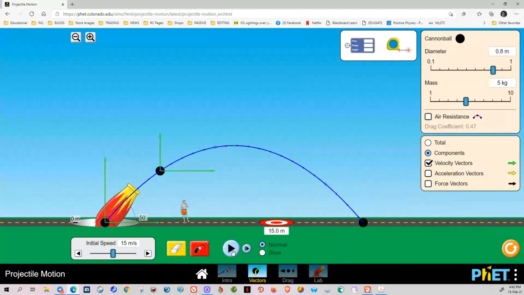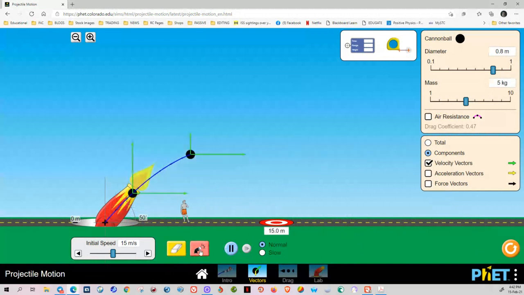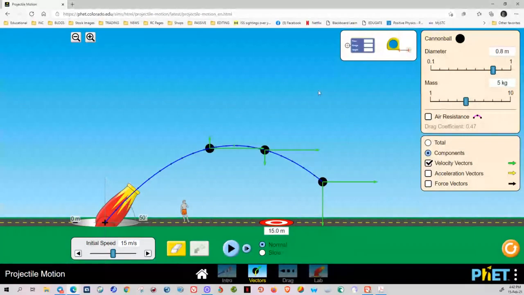Let's fire a second ball. Let me fire 3. 1, 2, 3, and pause it. As you can see, depending on the position of the ball on the trajectory, one of the vectors is always in the same direction.